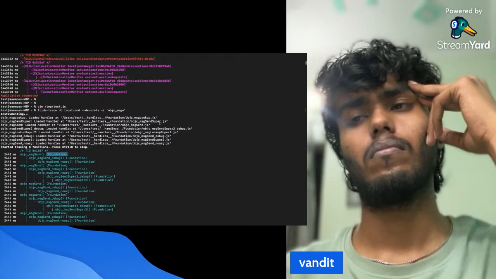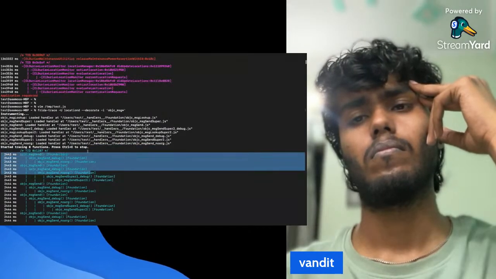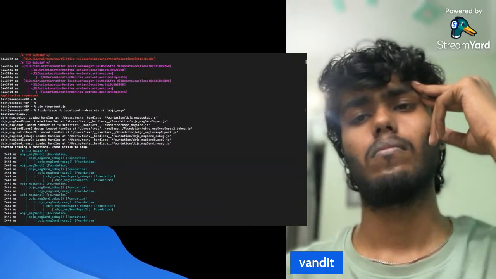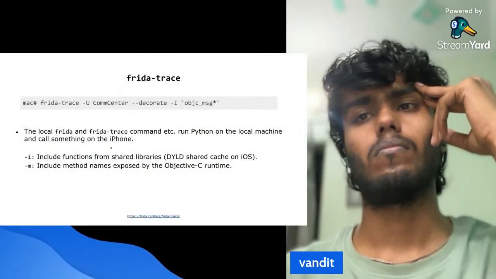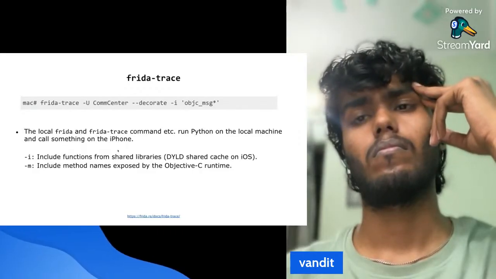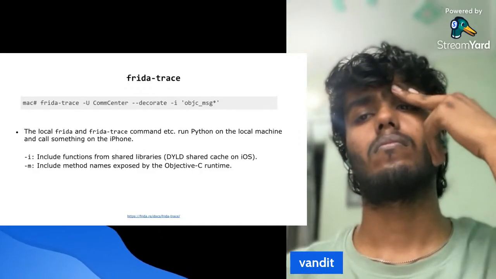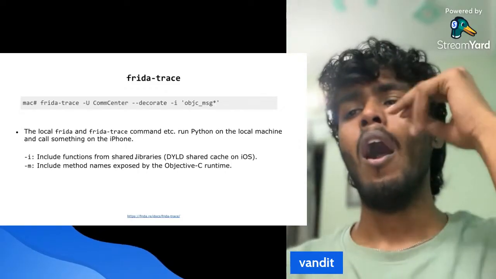Basically, what it just did is rewrite some code in the beginning of each of those functions to print this. Everything I specified with -I is from a shared library. There's a dyld shared cache on iOS, and all these things are defined in there.